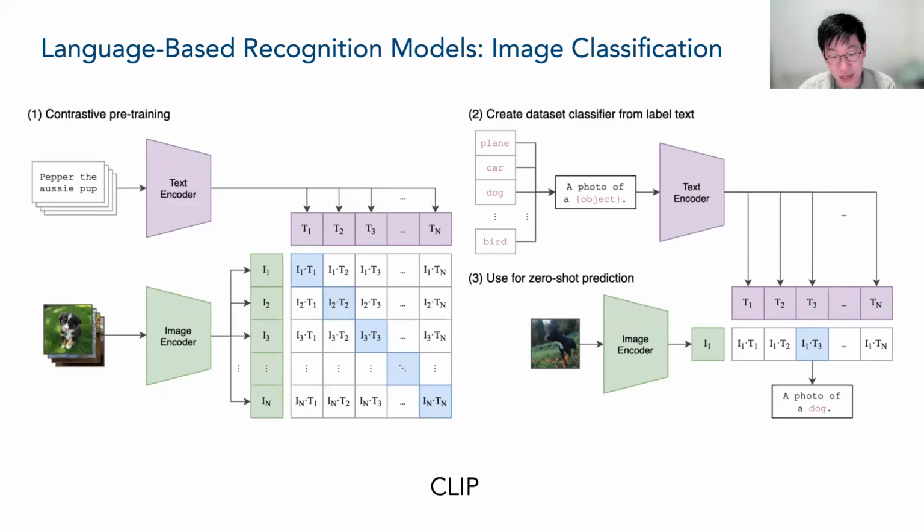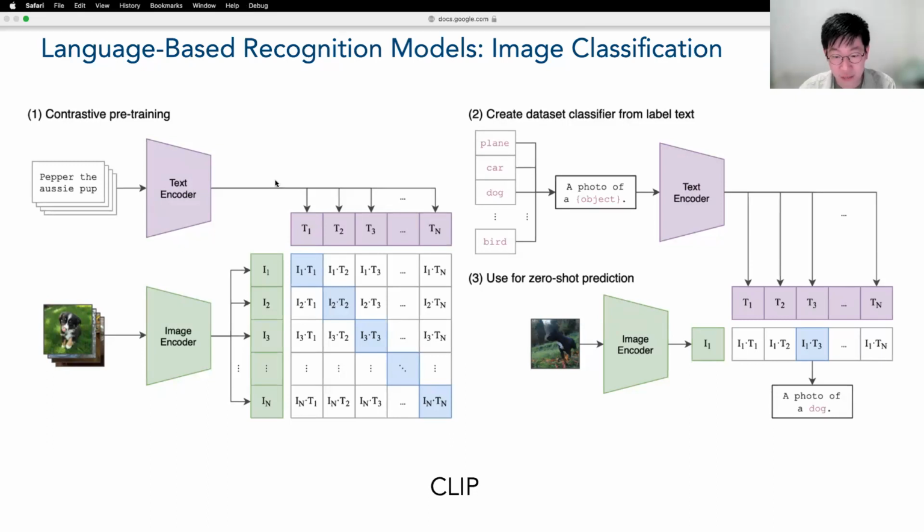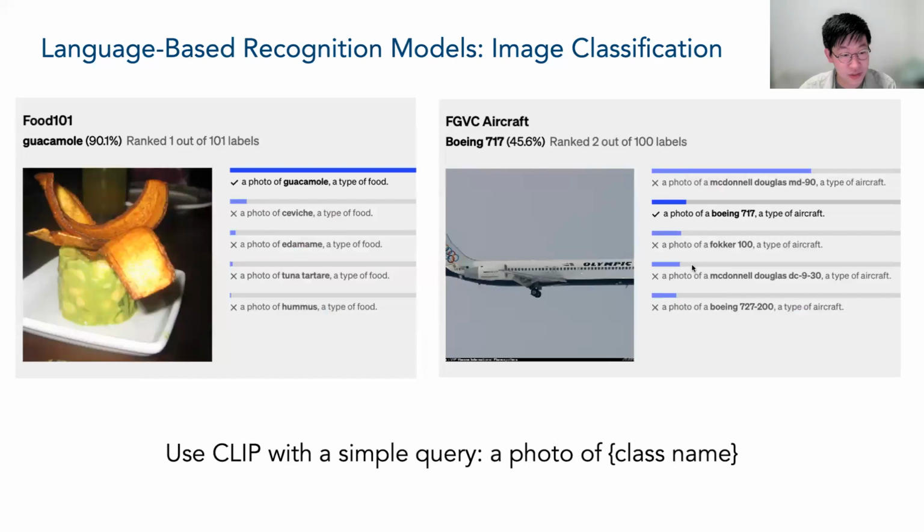It's a very simple but scalable pre-training task. What you get in the end is a model that you can query by providing the image and a list of captions. In the original paper, you usually query it with a very simple prompt, like a photo of guacamole, a type of food, or a photo of Boeing 717, a type of aircraft, and you get pretty accurate zero-shot performance there.